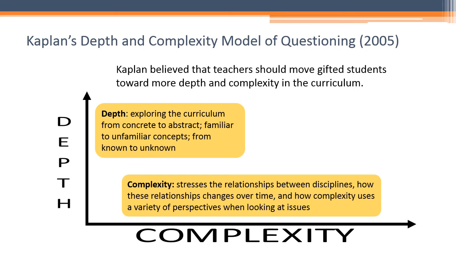Now, Kaplan in 2005 created a model of questioning based on the depth and complexity of the curriculum. Kaplan believed that teachers should move gifted students toward more depth and complexity. What are these two contrasting concepts? When you say depth, it's exploration of the curriculum from concrete to abstract, familiar to unfamiliar, known to unknown.